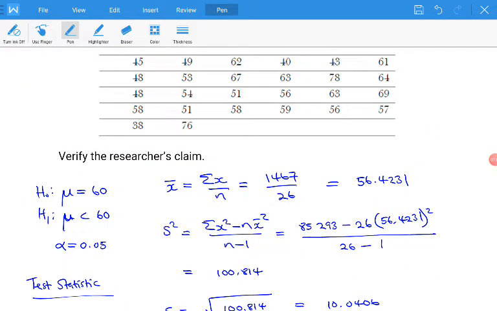If we check, this is a one-tailed test. One-tailed tests are directional. By directional, it means on our alternative hypothesis, we have either a strictly less than sign or a strictly greater than sign. If we have not equal to in the alternative hypothesis, it means it's a two-tailed test.